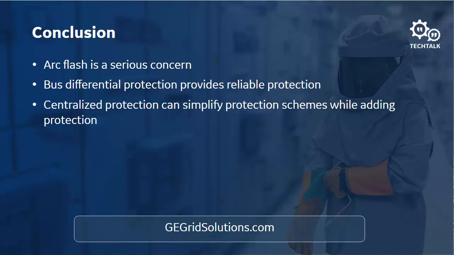What are some of the downsides of centralized protection, and how can those be mitigated? I think the biggest thing is going to be the fact that it's new. Being with the utility and stuff like that, I noticed there's a lot of resistance to change.